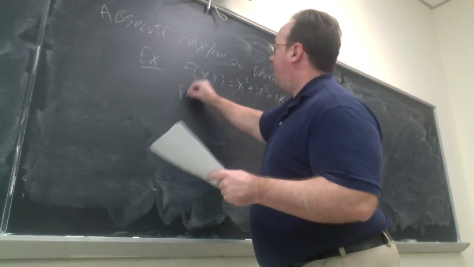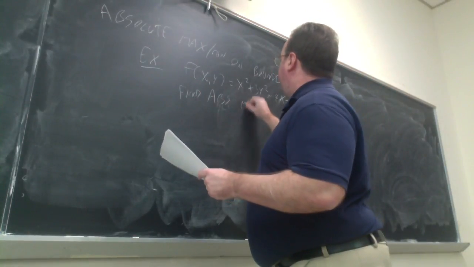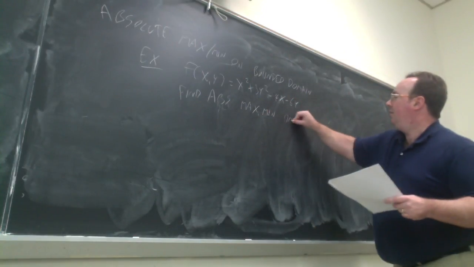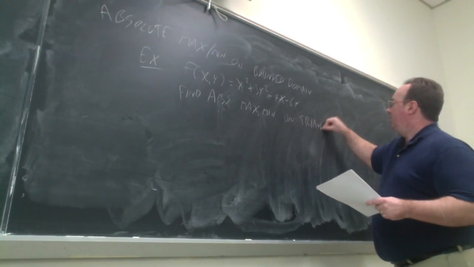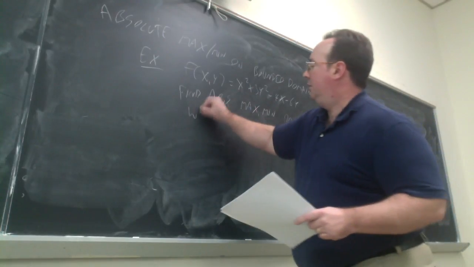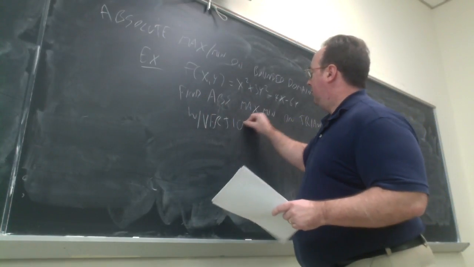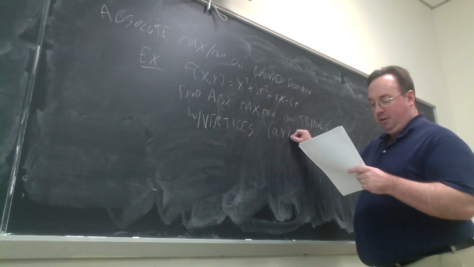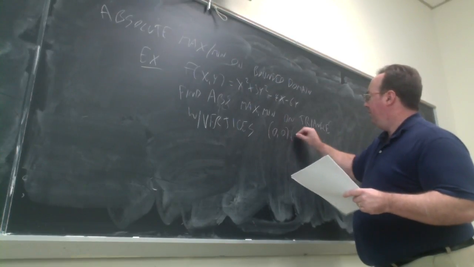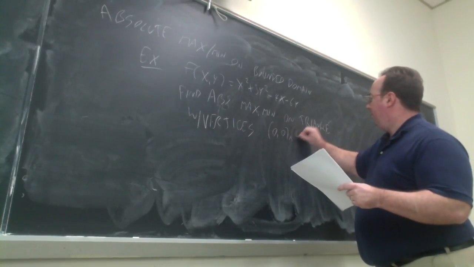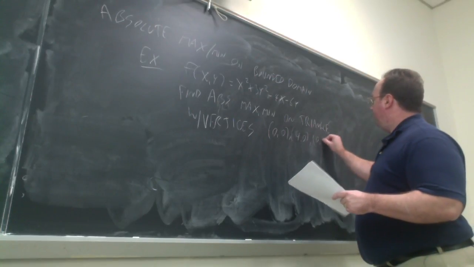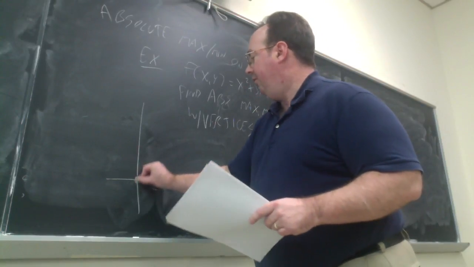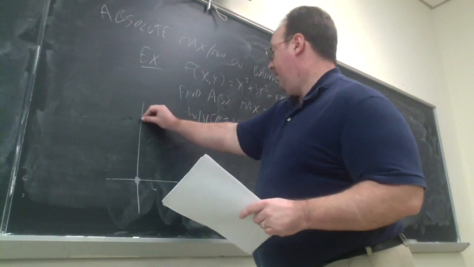And the problem is to find the absolute max and min of this function on a triangle with these vertices (0, 4), (0, 0), (4, 0), and (0, 3). So go ahead and draw that triangle. (0, 0), (4, 0), (0, 3).